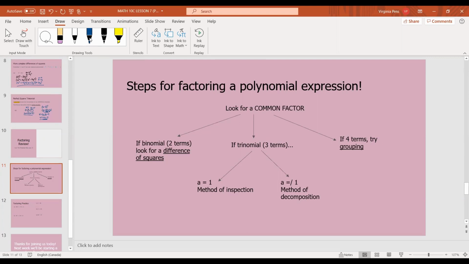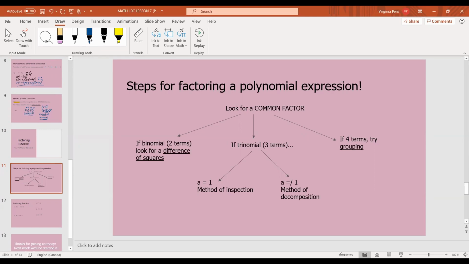But if a isn't 1, so maybe a is like 3 or 5 or 100, then you want to use the method of decomposition, where we broke down b into 2 integers that multiplied to give us ac and added to give us b.